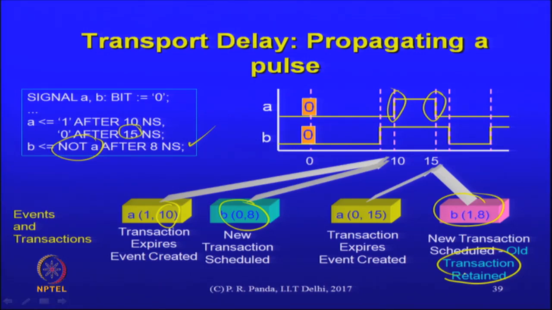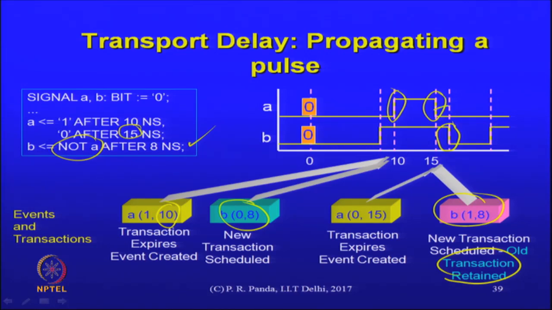Through this simple mechanism I will just permit the old transaction to be processed at the time that it was scheduled, which was 18, right. So, at time 18 we pick up B08 for processing and the value of B changes, event is created on B.